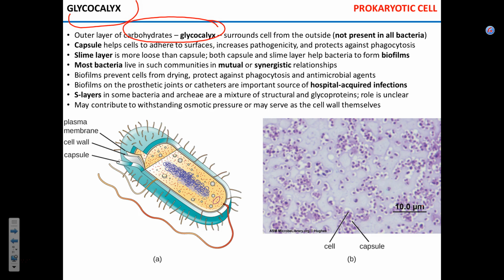With a capsule, yes. So capsule or slime layer is called a virulence factor. Make sense? Attachment. Can increased attachment be a virulence factor? How?